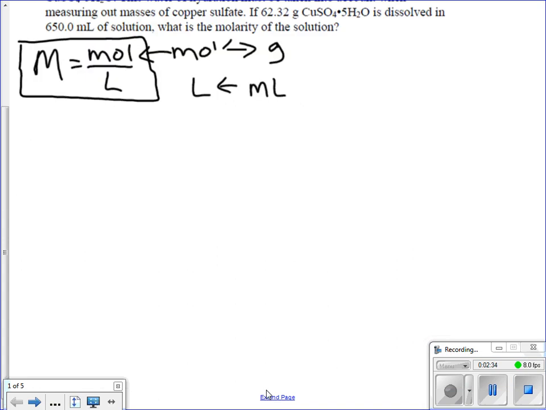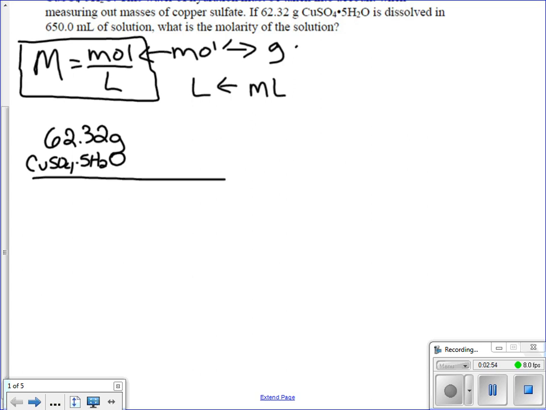We have 62.32 grams. So according to this, we're going to have to change our grams to moles, and then we can plug our moles into the equation. So that's what we're going to do first. So I have 62.32 grams of copper sulfate pentahydrate, and I'm going to convert it to moles. So I'm going to look up all of these values on the periodic table and add them together, including the 5H2O.